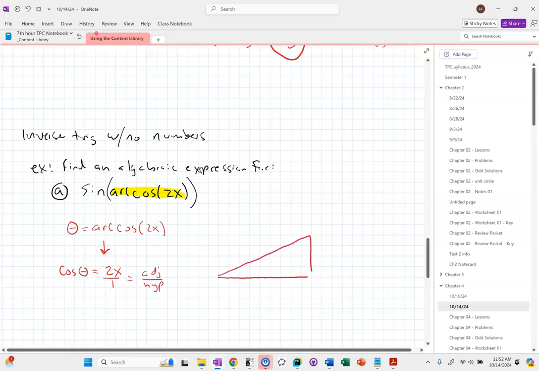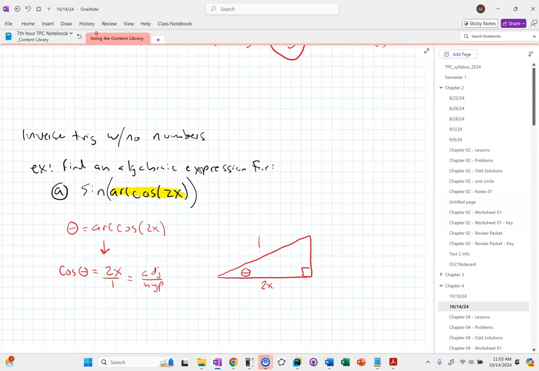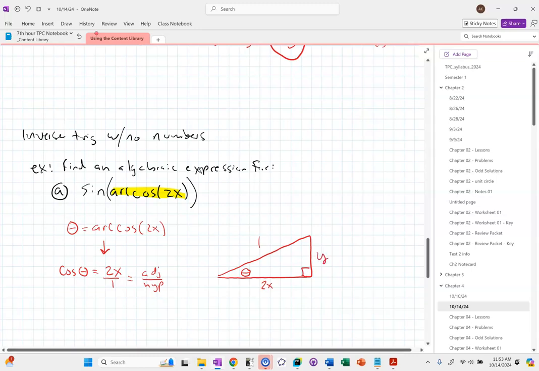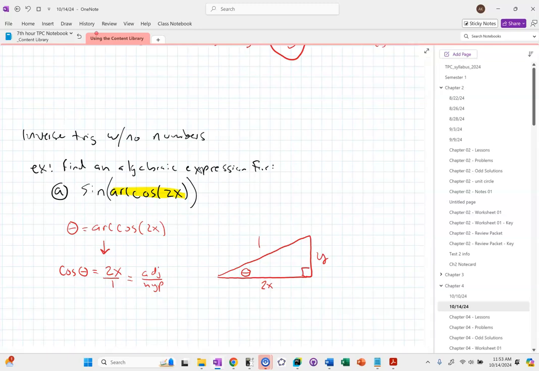So I'm going to go ahead and draw myself a right triangle with acute angle theta, where the adjacent side is 2x and the hypotenuse is 1. So far, so good. I'm going to call this third side y, and I'm going to use the Pythagorean theorem now to rewrite y in terms of x.